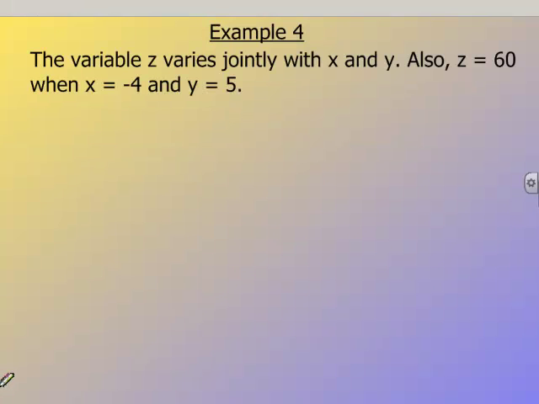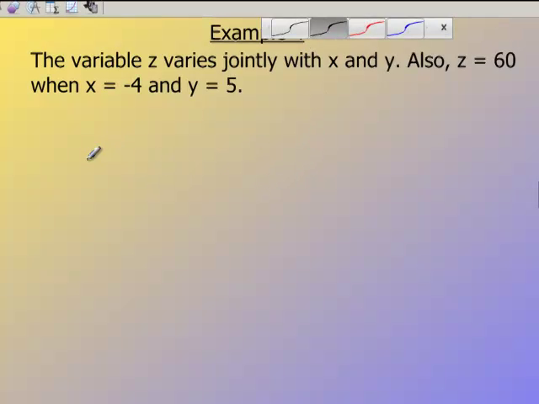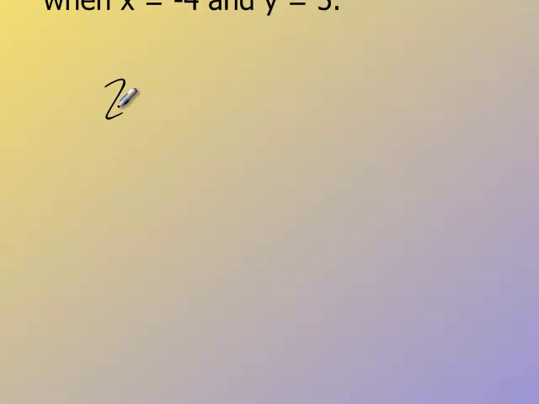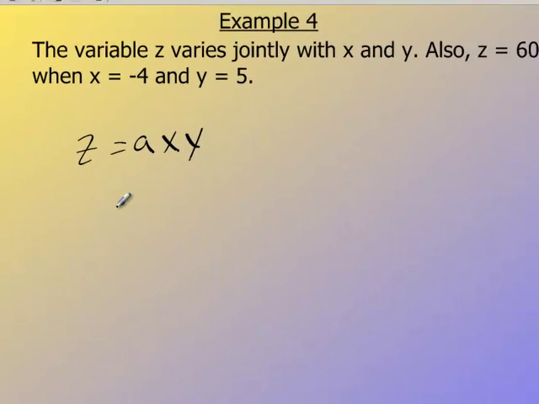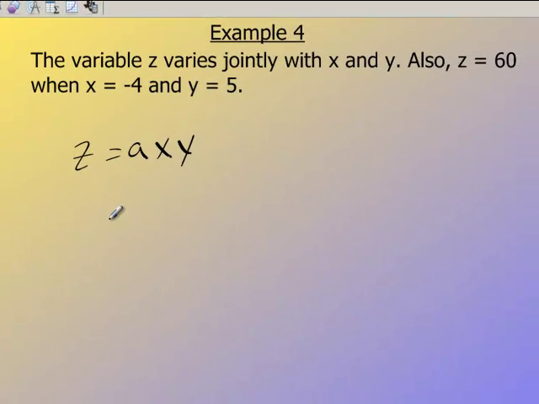So in this example, it says Z varies jointly with X and Y. So given Z is equal to 60 when X equals -4 and Y equals 5, we want to find what our constant of variation is. So let me write out that Z varies jointly with X and Y. So we have two variables that Z varies directly with.